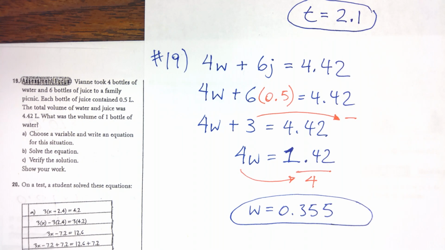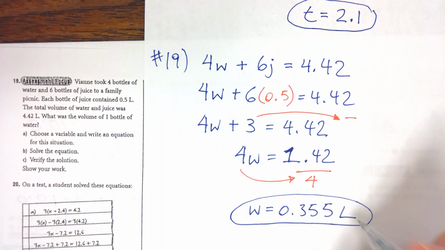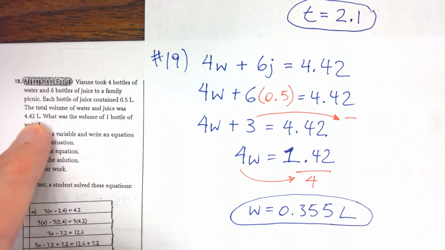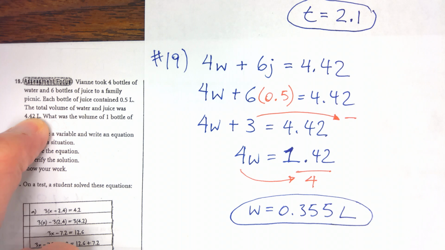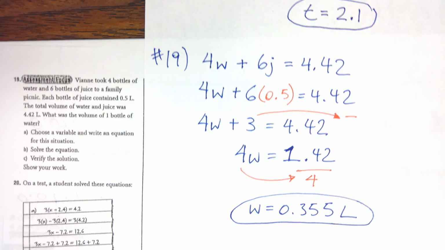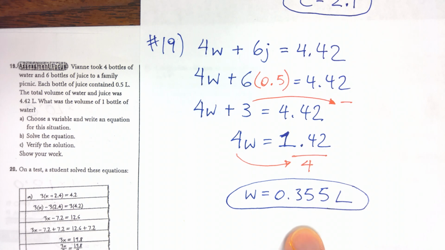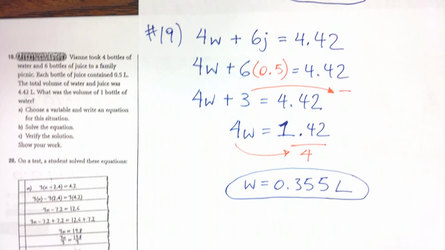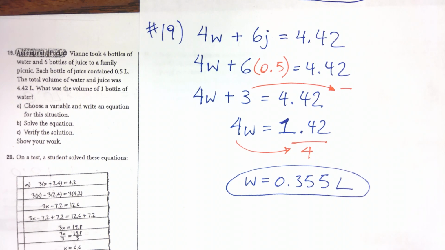Alexander? Unit, what is my unit? Liters. Right here, because your answer is in liters. All the units are in liters, so your answer here is in liters. Better yet, what could I write as a better answer? Or what is 0.355 liters?